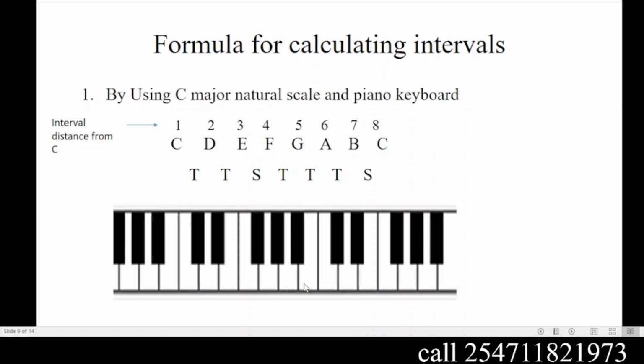A to B, a tone. B to C, a semitone, so 2.5. C to D, a tone. D to E, a tone. E to F, a semitone. When you add them, you will find that you have 5 tones or 10 semitones. So just remember that a minor interval is formed by reducing a major interval by a semitone. And if you increase a minor interval by a semitone, it becomes a major interval.